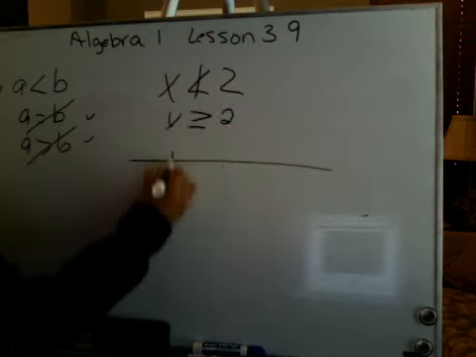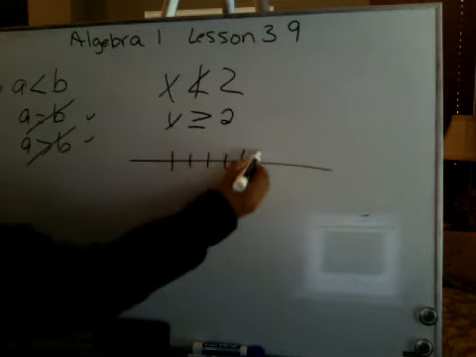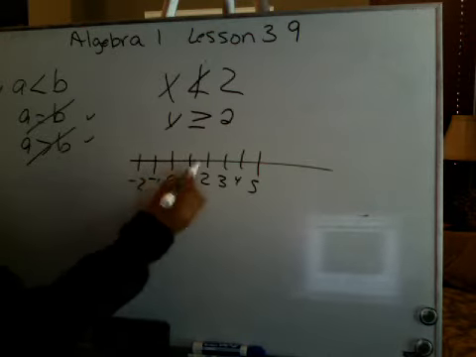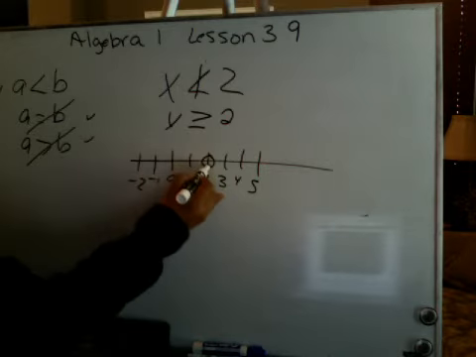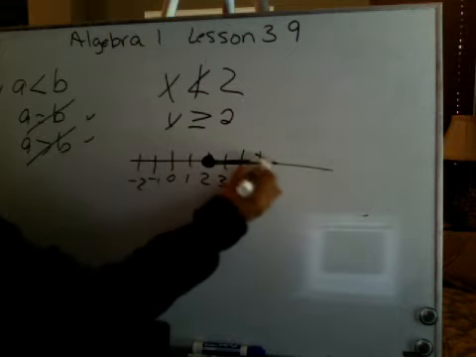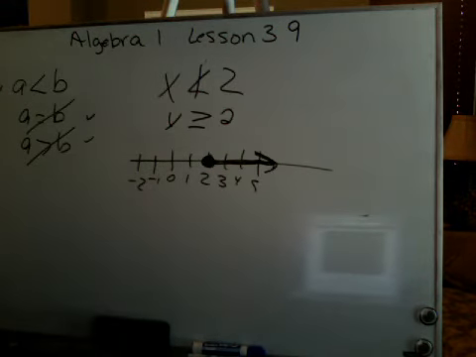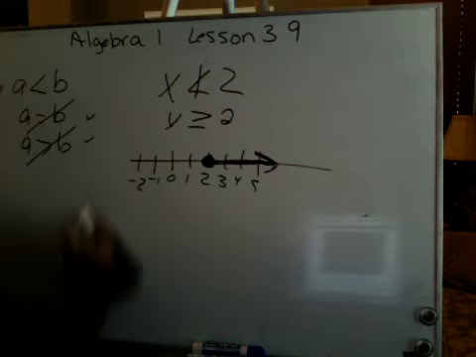So we have to do that. 3, 4, 5. So we find 2, and because it's got the equal sign, we color in our bubble, and then we go this way. Alrighty? Pretty simple.